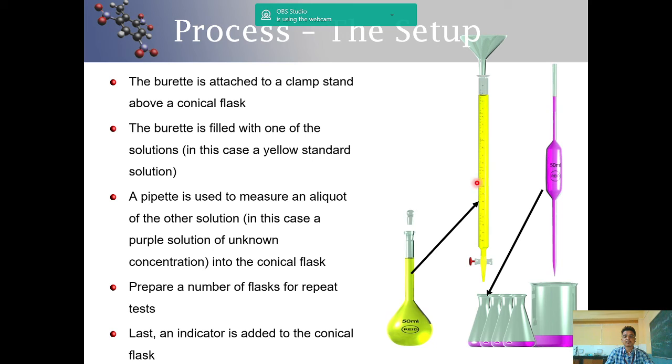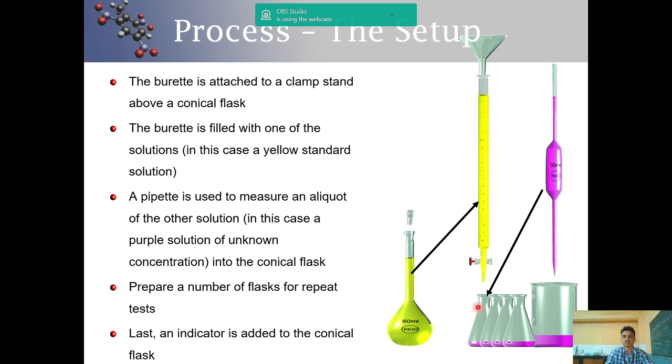So remember one thing, after you pipette out the unknown concentration solution into the conical flask, you have to add 2 to 3 drops of indicator in the conical flask, not in the burette, not in the stock solution.